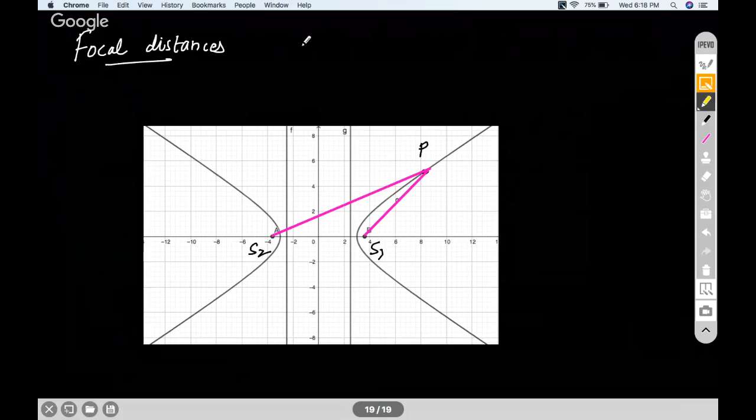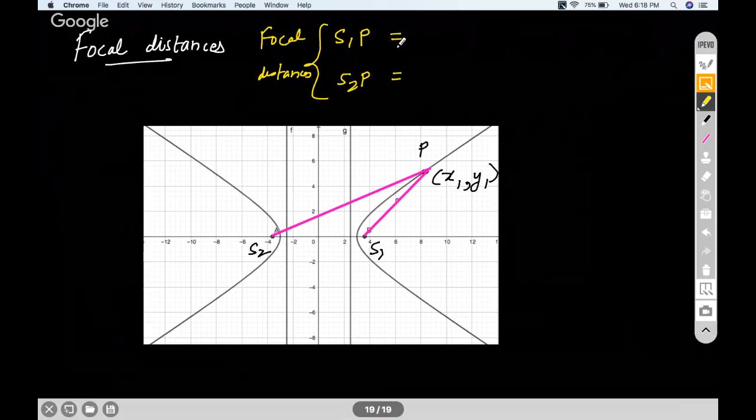Assuming this point to be X1 comma Y1, let us find out S1P and S2P. That's called the focal distances. These are called the focal distances.